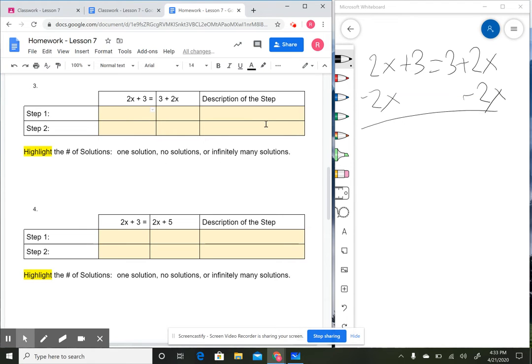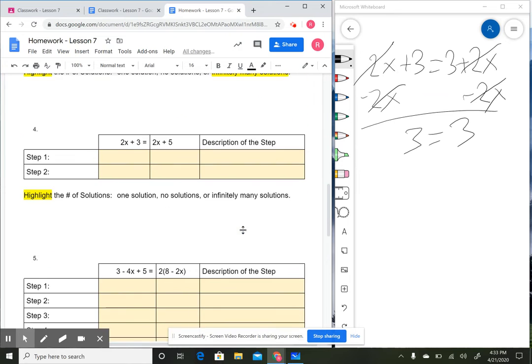So I'm left with 3 equals 3. And that description step was to subtract 2x on both sides. And so that's like a no duh kind of thing. 3 equals 3, no duh. When it's no duh, that means it's infinitely many solutions. When you get a true statement, that means it's infinitely many solutions. I'm going to highlight that.